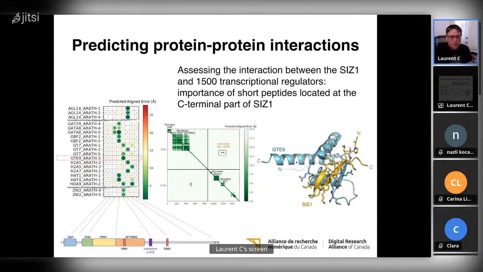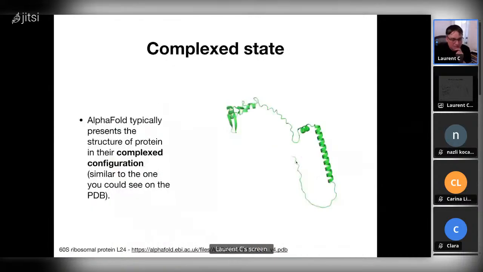Now I will go towards certain things that we see in the structures that are generated by AlphaFold. For those of you who have not used AlphaFold a lot, you may be surprised by what types of predictions you obtain. AlphaFold will typically return the structure of your protein of interest as if it was part of the biggest complex possible.